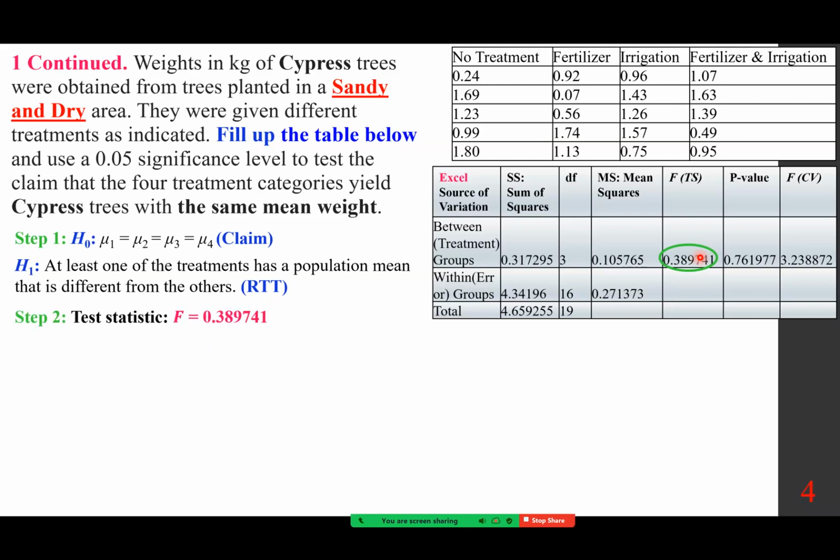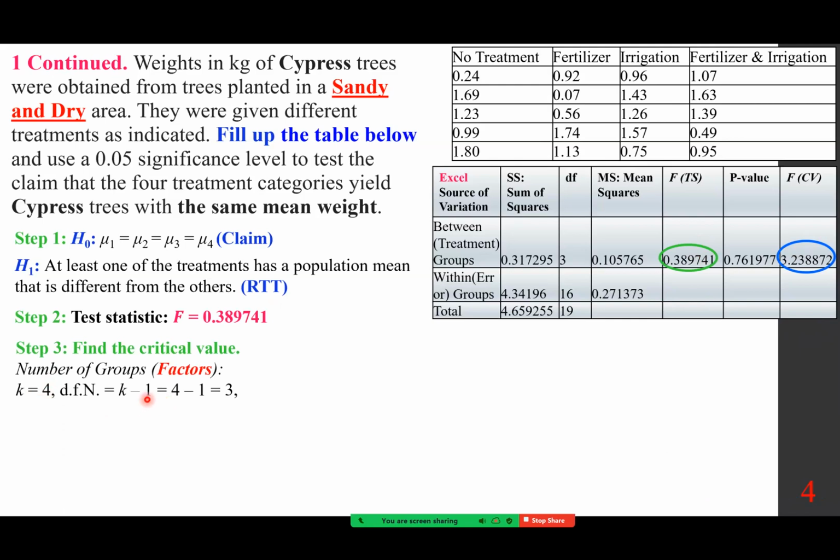The next one is to find the critical value. Again, we've already done that, but the methodology is this. There are 4 categories, so degrees of freedom of the numerator is 3, 4 minus 1.